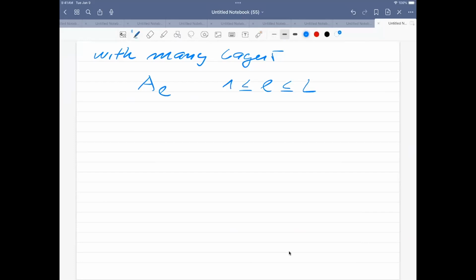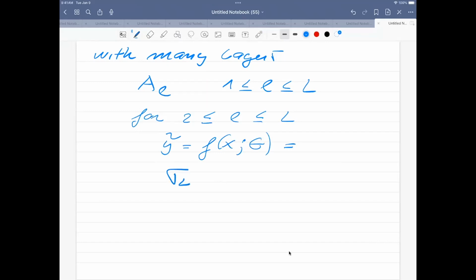Okay, so what you would have then is a series of such layers. If you have a loop, and this is a set of transformations which we end up doing for layers up to L, what we would produce is that this y tilde is going to be a function of X and these unknown parameters theta. And this will be a series of affine transformations, which are given by this activation function in the last layer.